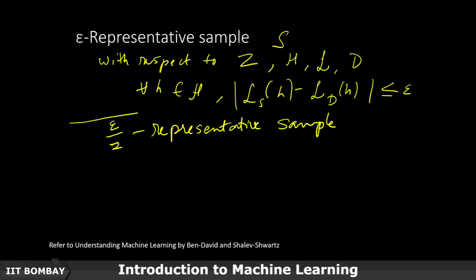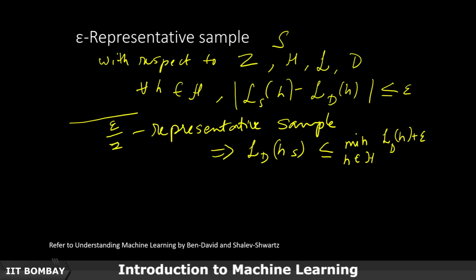What this means is that if we have an epsilon by 2 representative sample, then we can guarantee that the true risk of the empirical risk minimizer on this sample is going to be less than or equal to the minimum over h belonging to capital H of the true risk of any hypothesis, plus epsilon. This is quite powerful: if we draw such a sample, we can guarantee this.